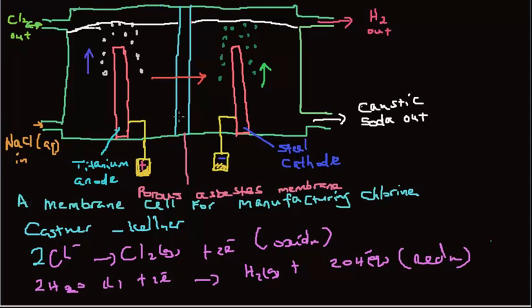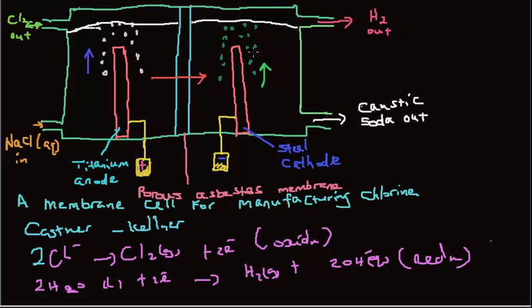So the purpose of our porous membrane is to prevent the solutions from mixing, but it allows the ions to pass from one compartment to the other, so that the sodium hydroxide is removed from the cathode compartment. Remember, our sodium ions are the ones which are moving across our porous membrane, and at the end of the day they will react with the hydroxyl ions, and we have the production of sodium hydroxide. The asbestos from which the diaphragm is made is toxic, so alternatives are also being sought, right?